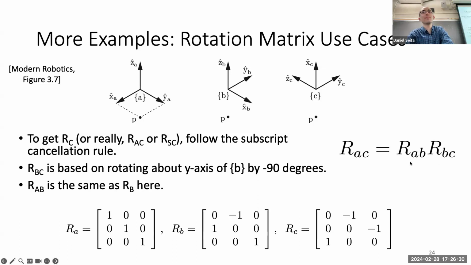And because of the subscript cancellation rule, you can cancel out the B's here. The way to think about this is that RAB is basically this matrix, we already covered it. And then going from B to C, how do you go from B to C here?